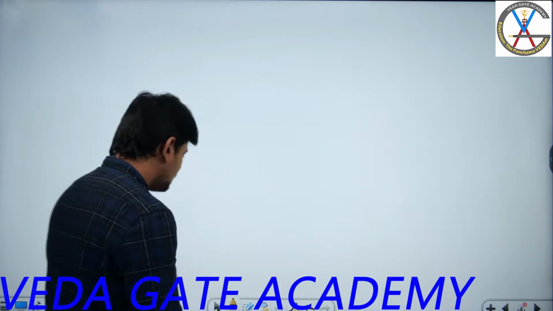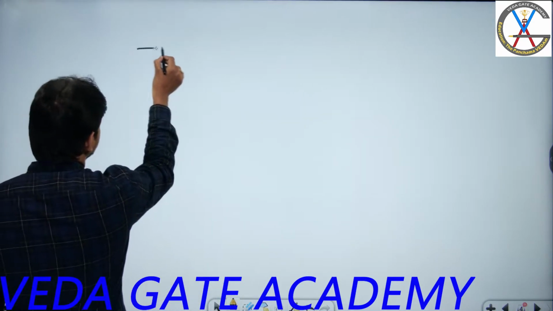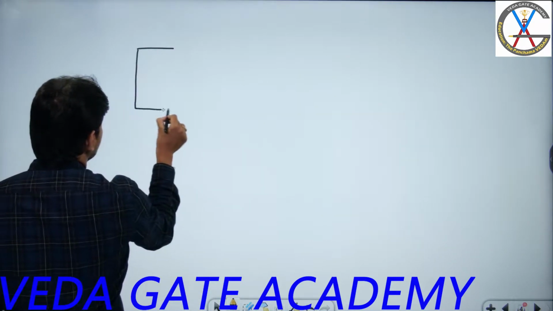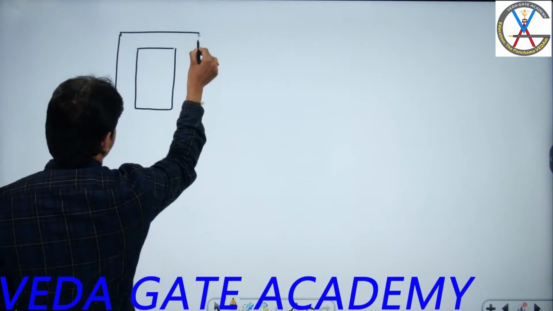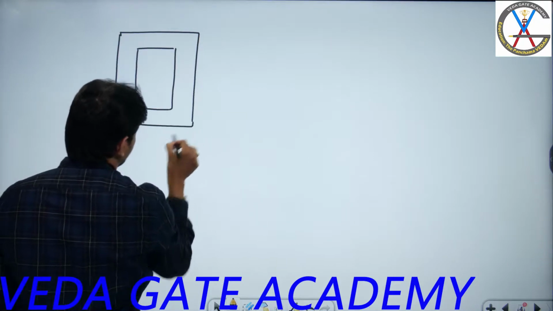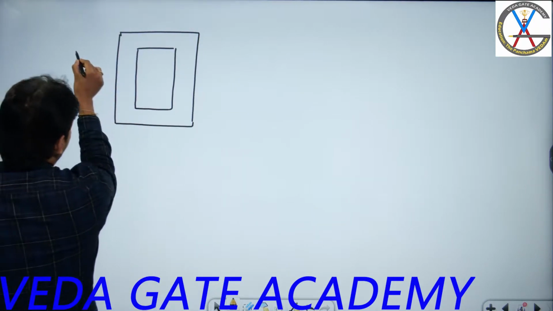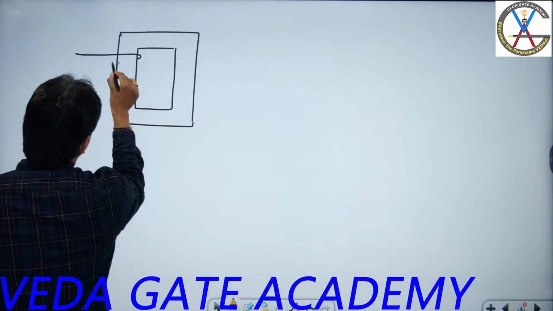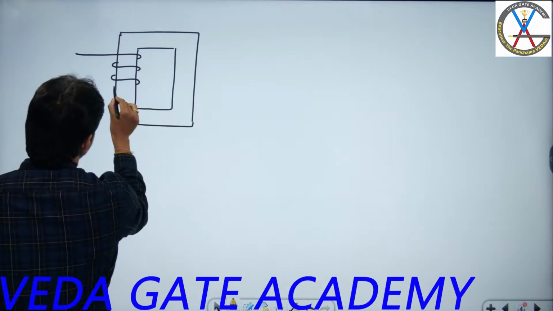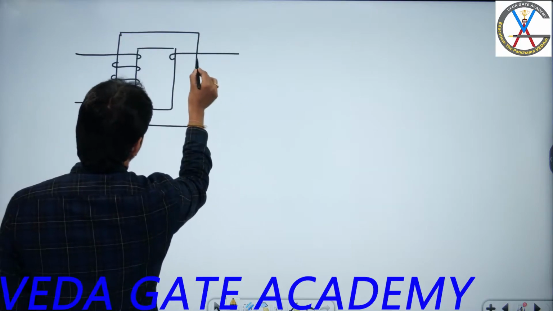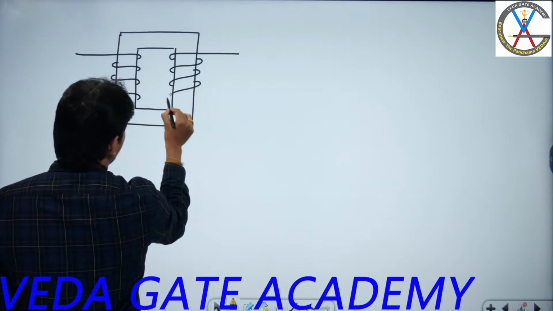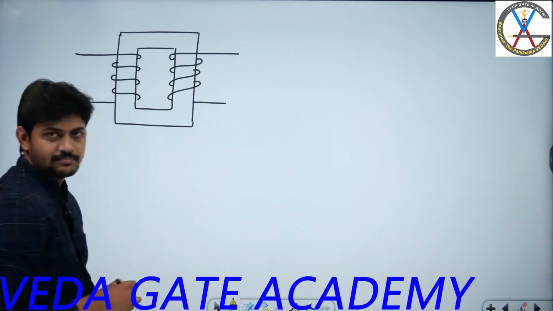For example, assume that this is my transformer, where the sense of the winding is known clearly. This is the way I have wound the winding on the primary limb, and this is the way I have wound the winding on the secondary limb.